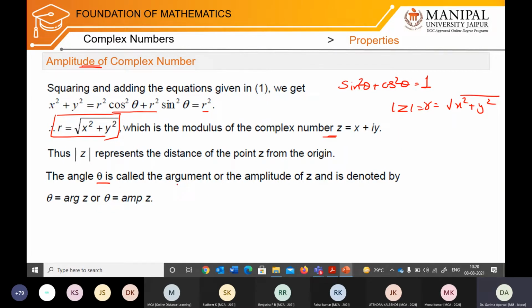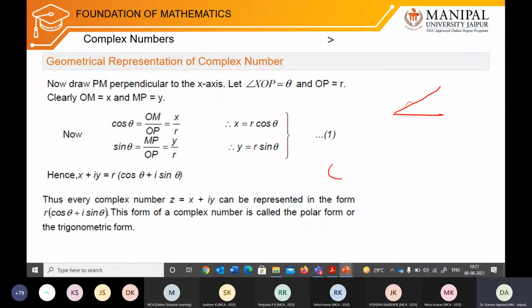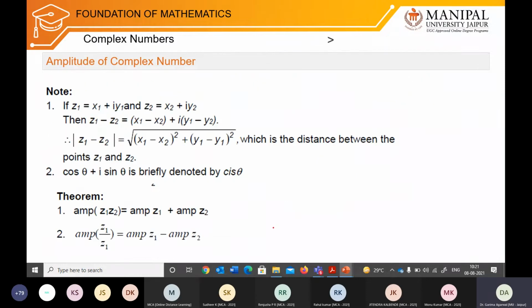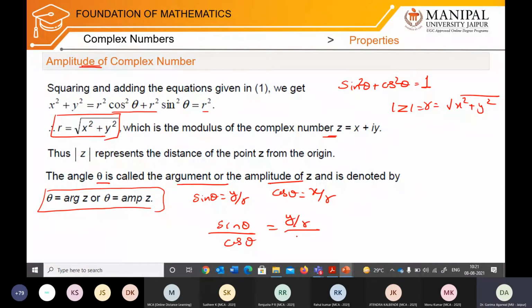Again, theta is known as the argument or the amplitude of z, and it can be denoted as theta is equal to amplitude z. As we know, the value of sin theta is y by r and the value of cos theta is x by r. If we divide both the terms, we'll get y by r upon x by r, which is y by x, right?